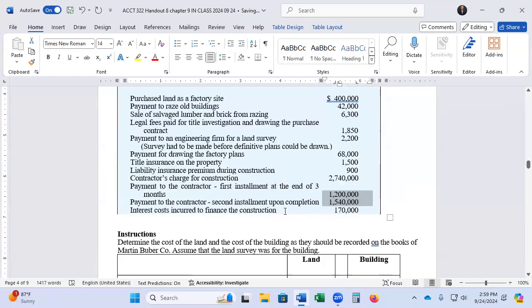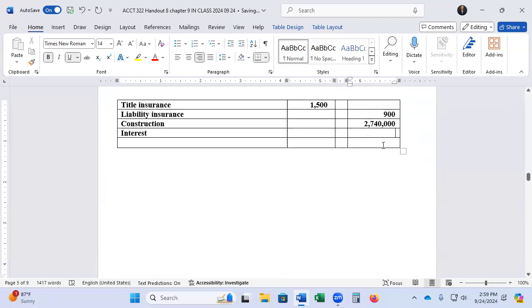And the interest cost to finance the construction, that 170,000 there. So I get 439,050 and 2,981,100.